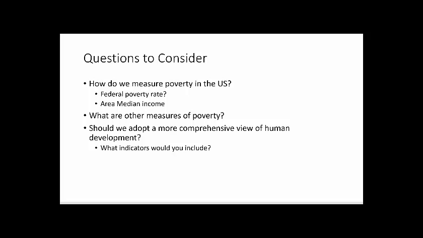One is the federal poverty measurement, which results in the federal poverty rate that you often will see quoted. It hovers somewhere around 14 to 15%. It may have gone down as low as 12%, depending on the time period in consideration.